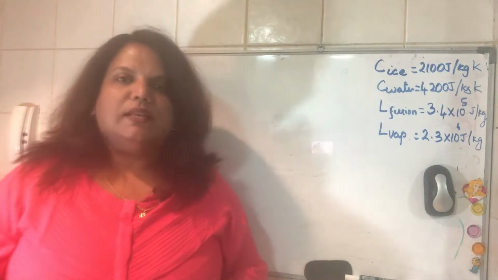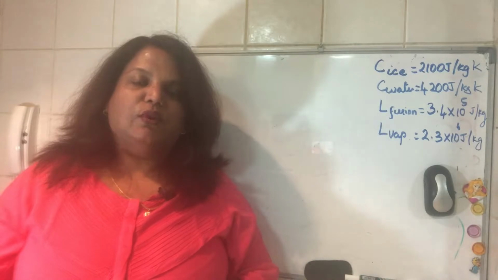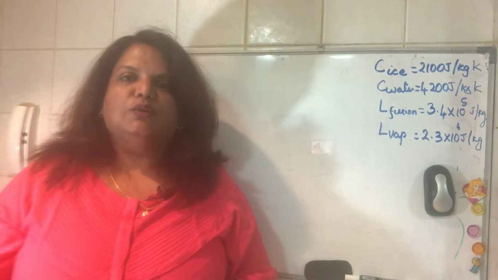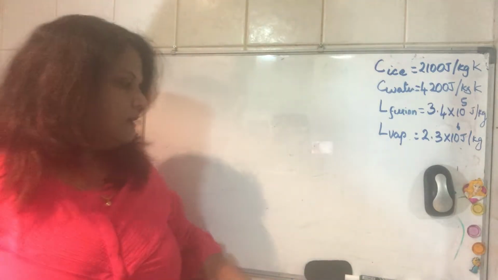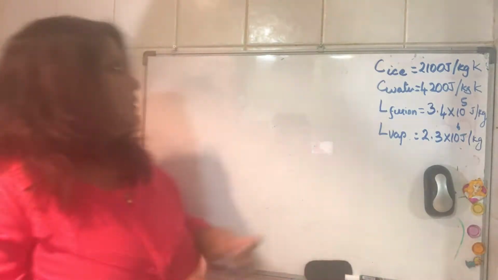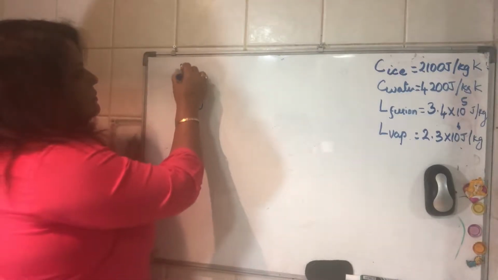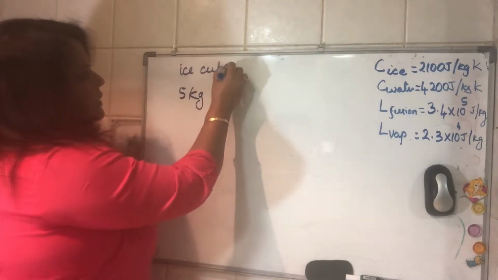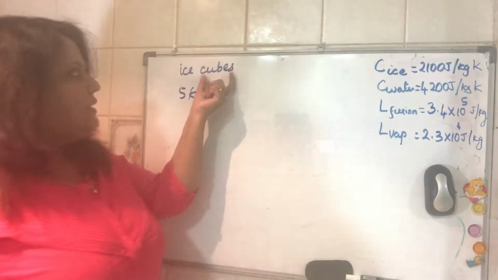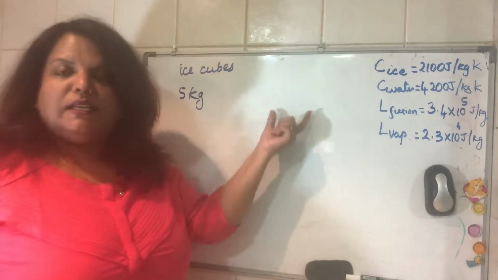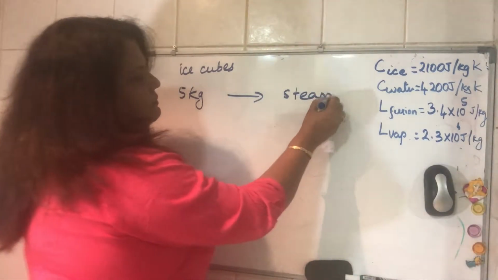Now the question goes like this: what is the total energy required for ice cubes at minus 20 degrees Celsius, 5 kg of ice cubes? You want to find the total heat energy required to change these 5 kg of ice cubes completely to vapor or steam.